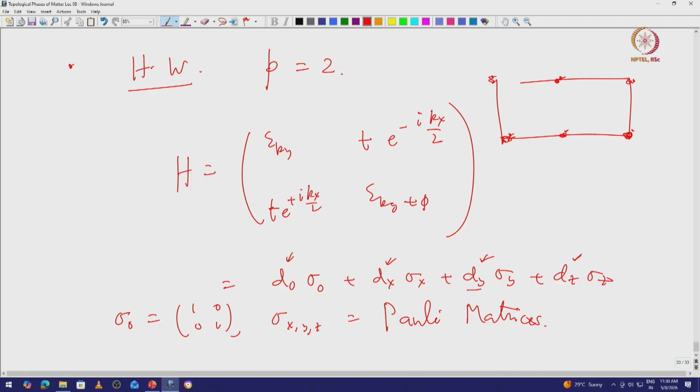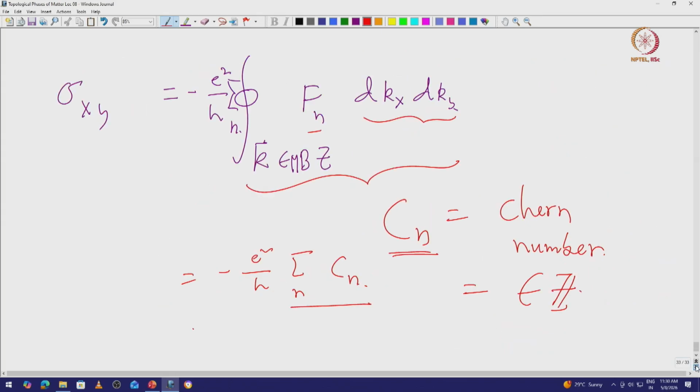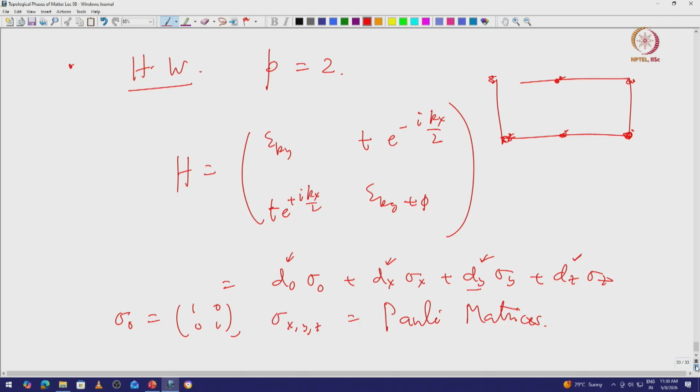And we will compute the Chern number and everything exactly, but you can just do this calculation here. You can just diagonalize this Hamiltonian and obtain the eigenvalues and eigenvectors, and you can compute this and also this, and you can plot those. You can write a small Python code and plot it, and you will already have all the answers that you need before even formally introducing the Chern number.